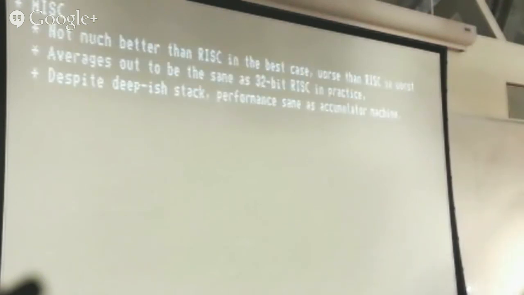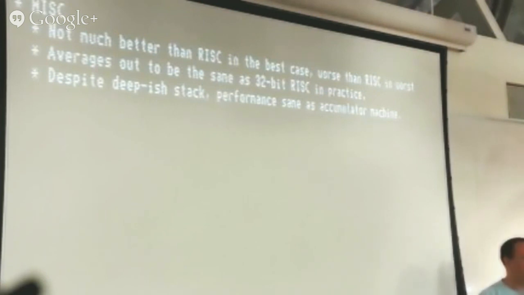Now, in terms of code density, it's not much better than RISC. So we're looking at 24 bits to do a literal fetch and then some operation. But in the worst case, it can be worse than RISC. On average, though, it comes to about the same as RISC. So code density for 16-bit code, not that great.